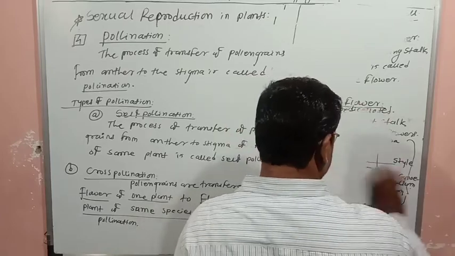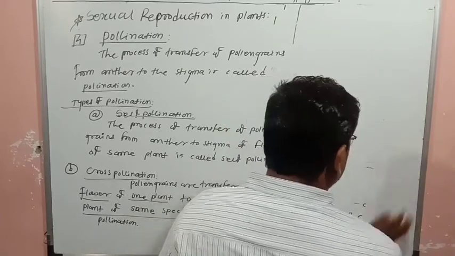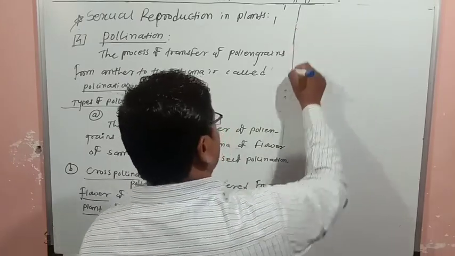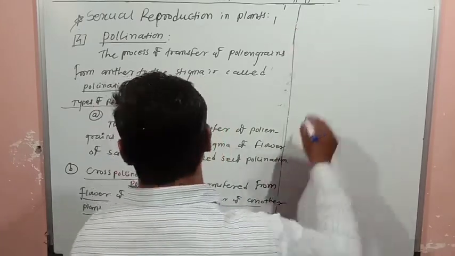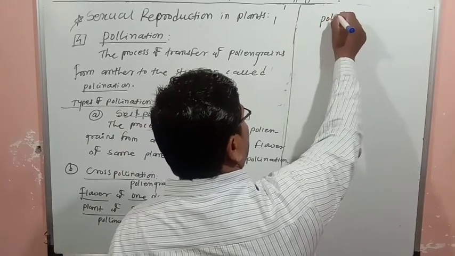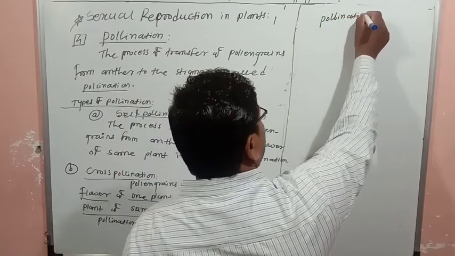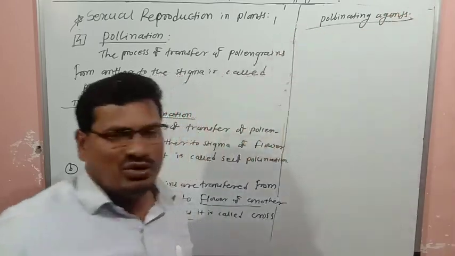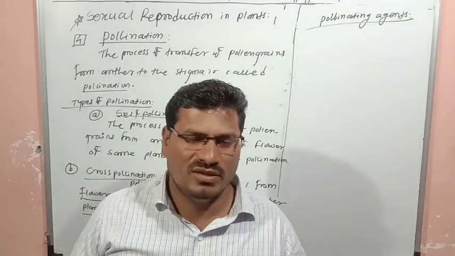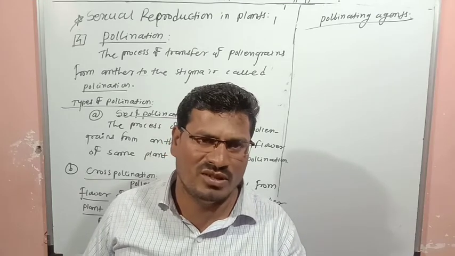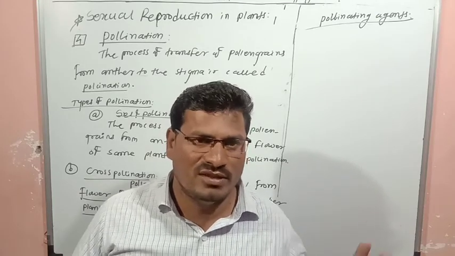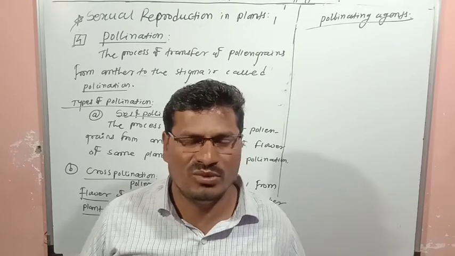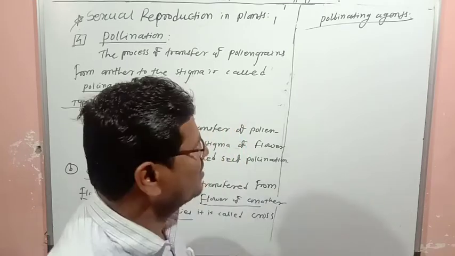Next point is pollinating agents. So during pollination, pollen grains are transferred from anthers to the stigma, but for that some non-living or abiotic factors are also important, and some biotic factors are important.